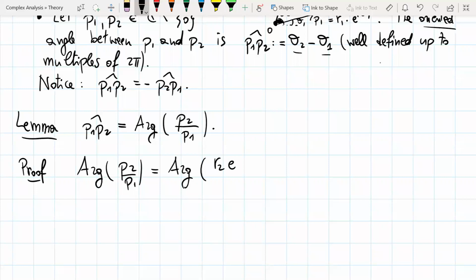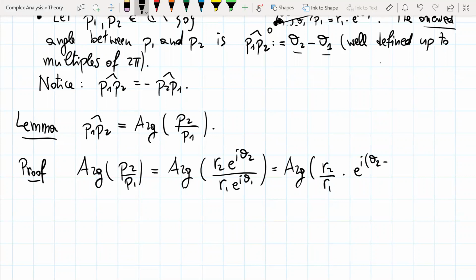This was r2 e to the i theta 2 divided by r1 e to the i theta 1. And you see that this is r2 divided by r1, this is the norm. And then we have e to the i theta 2 minus theta 1. And you see that the angle of this is exactly theta 2 minus theta 1. And this we stipulated to be the angle between P1 and P2. Okay, so this finishes the proof of this simple fact.